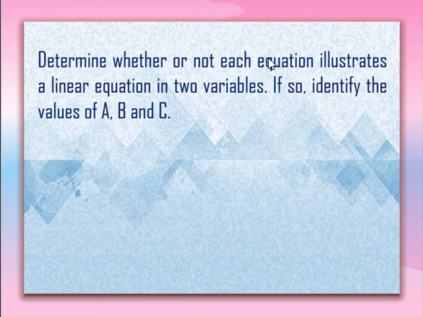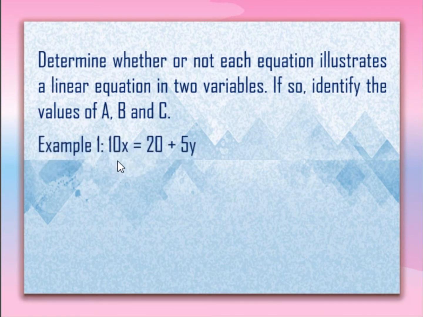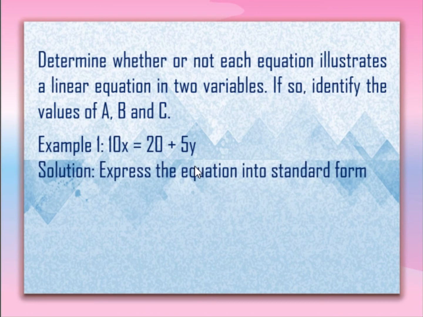Determine whether or not each equation illustrates a linear equation in two variables. If so, we identify the values of a, b, and c. For example 1, we have 10x is equal to 20 plus 5y. To solve this, we need to express the equation in standard form, wherein we have ax plus by is equal to c.